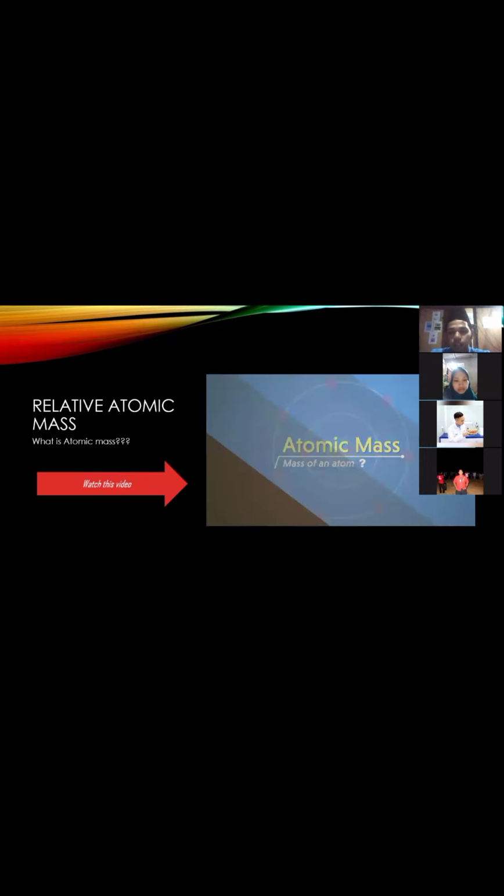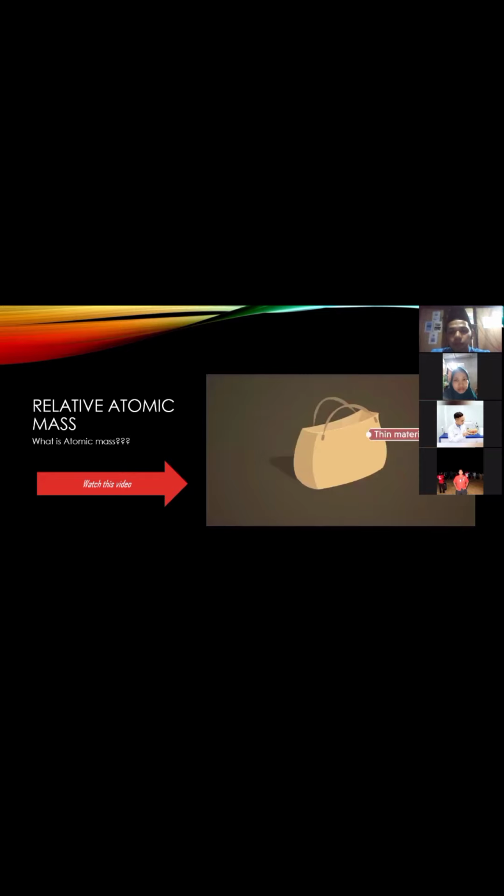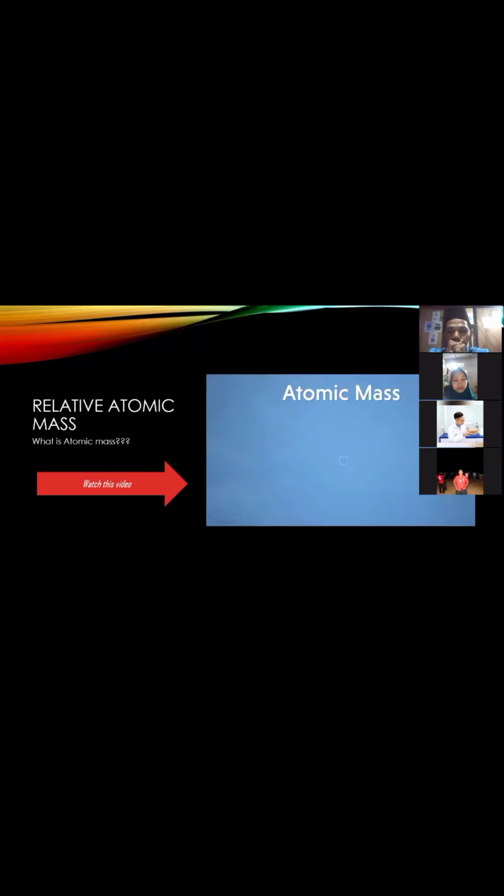Imagine we have a bag made of extremely thin material, so thin that it almost does not have any mass. Now we fill this bag with some stuff. If this bag is placed on a weighing scale, can we say that the total mass of the bag will be the sum of the mass of all the objects inside it? Absolutely. Similarly, the mass of an atom can be calculated with the help of the subatomic particles in it.